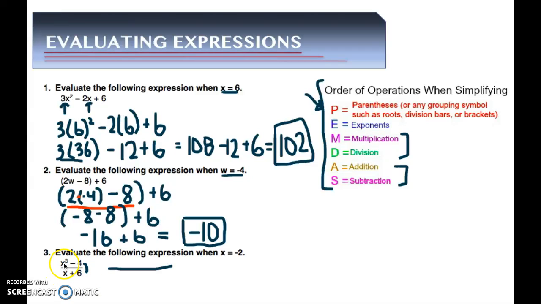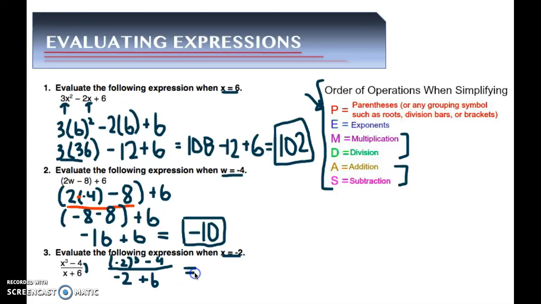So I'm going to go to the numerator, and I have x cubed minus 4. My x is now a negative 2. I'm going to cube it, and I'm going to subtract 4. In the denominator, I have an x, and that is now negative 2 because all of my x's are going to be replaced with negative 2, and I have a plus 6.